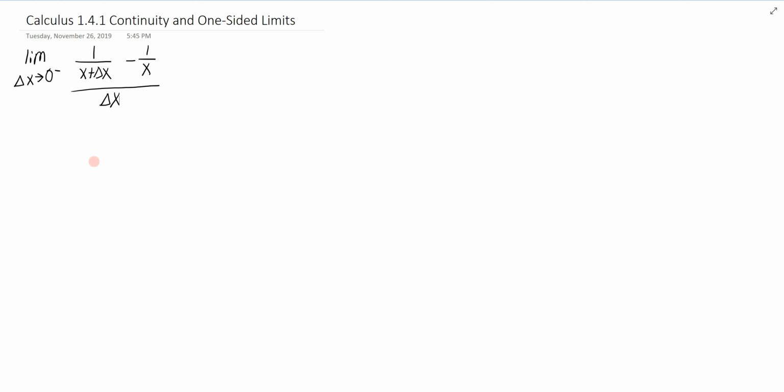And so what we're going to do here in this instance is we're just going to try and evaluate this and forget that we have this limit from the left. So we're going to say we have really 1 over x plus delta x minus 1 over x. And we're going to say, all right, let's just do the subtraction.